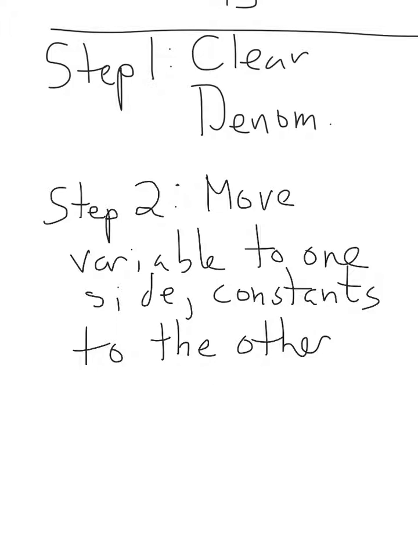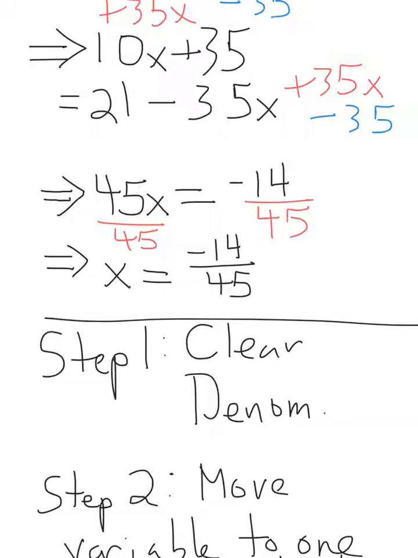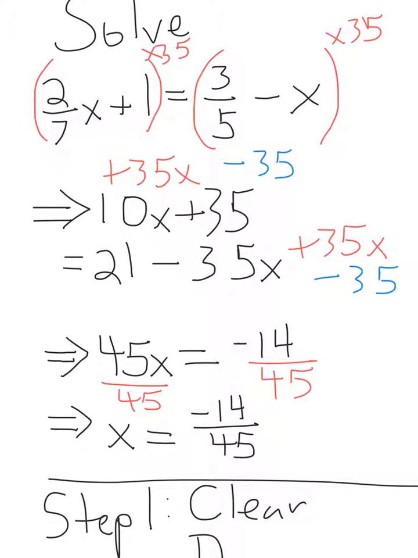And you can see that's what we did up here. So after we cleared our denominators, we said, let's get all our constants on the right-hand side, all our variables on the left-hand side. Here is our constants, here is our variable, so we did that.